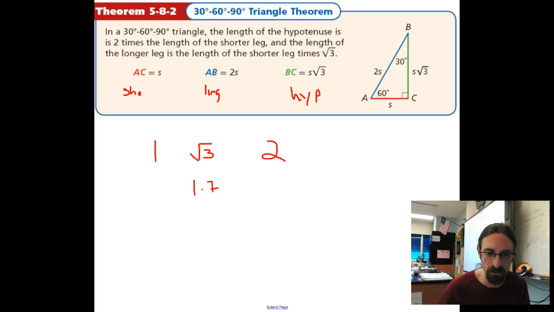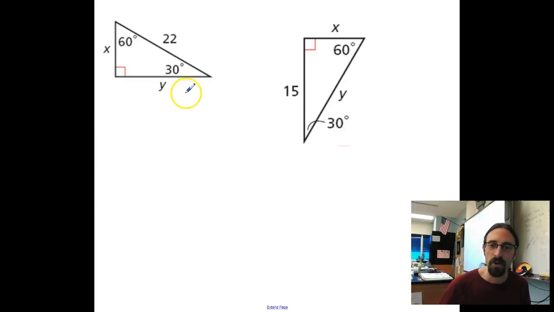Let's try a couple of problems, and you'll see how this plays out. So on this one here, the hypotenuse is 22. Well, let me read it this way. 22 equals 2 times the short leg, or x. And that's pretty easy, just divide both sides by 2.